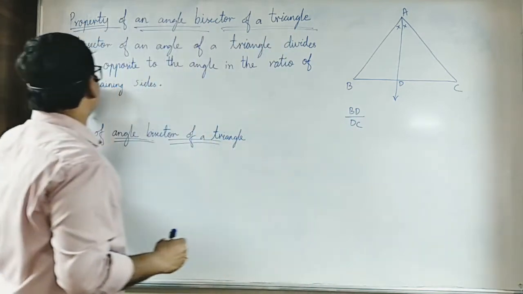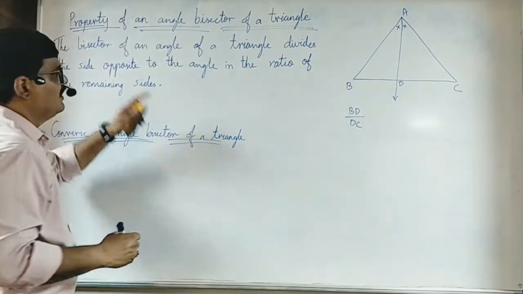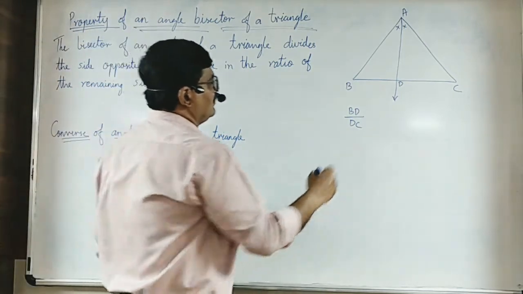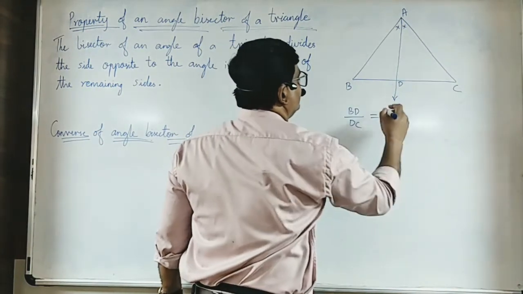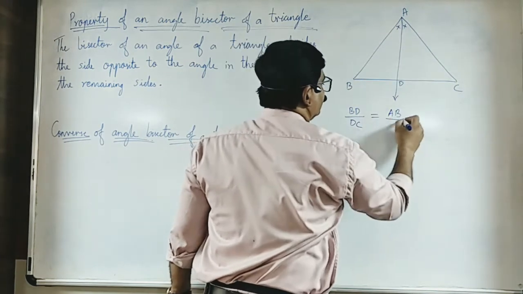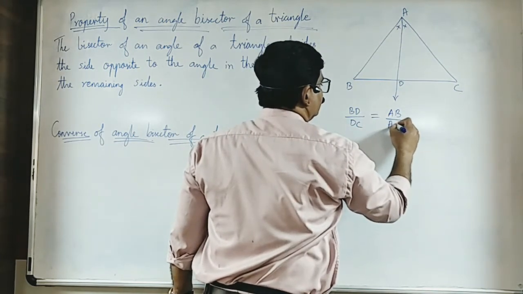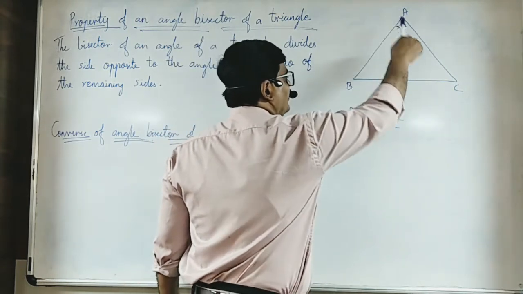The remaining sides are AB and AC. So you will get BD upon DC is equal to AB upon AC.